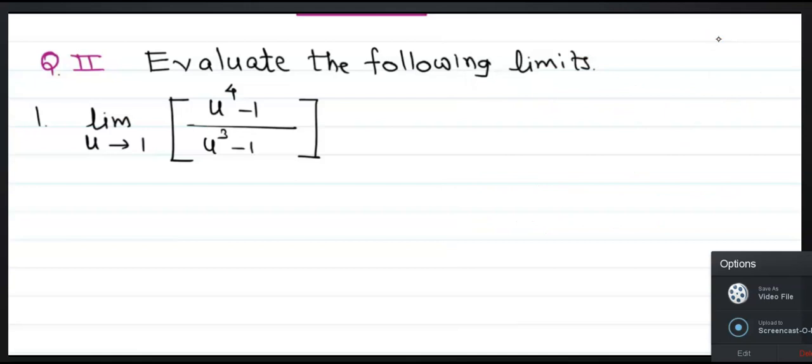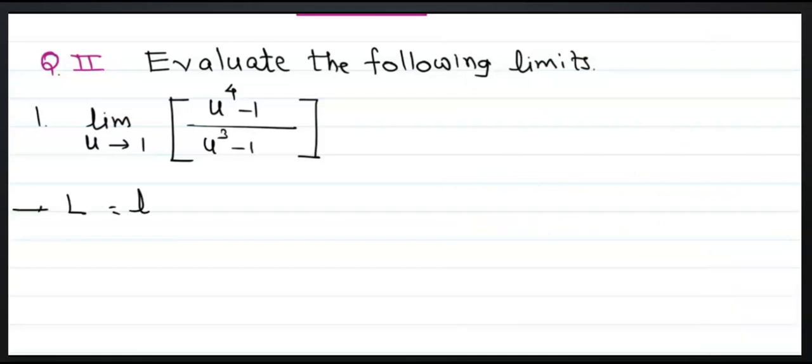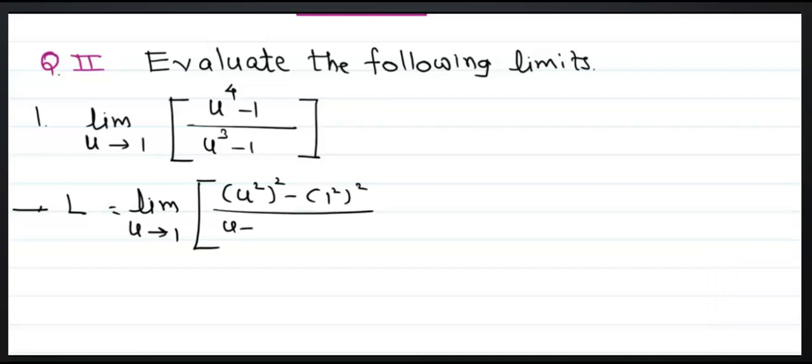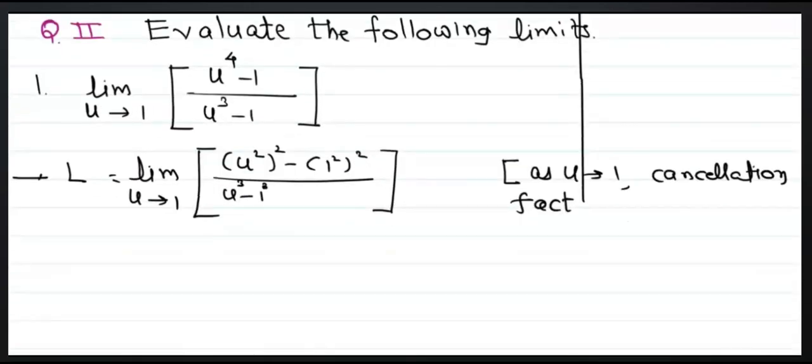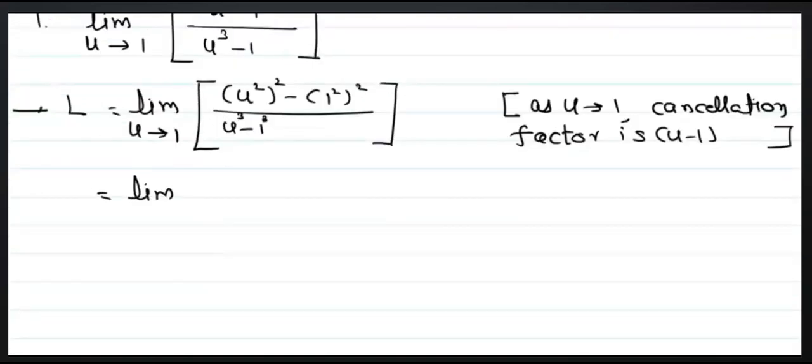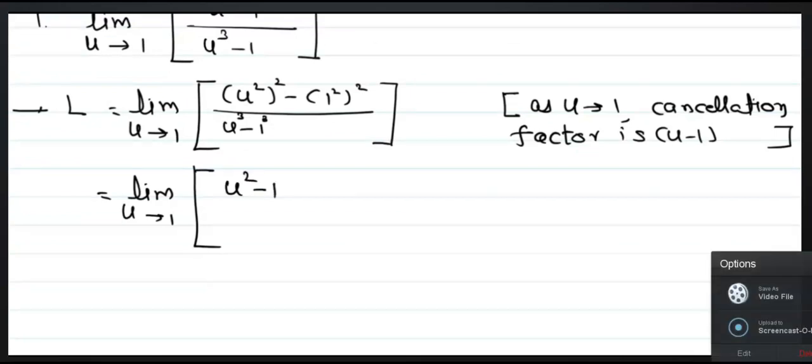Now see this next. I had written that the cancellation factor is u minus 1. Therefore, you can write it as (u square) square minus 1 square, and u cube minus 1 cube. Now factorize this.